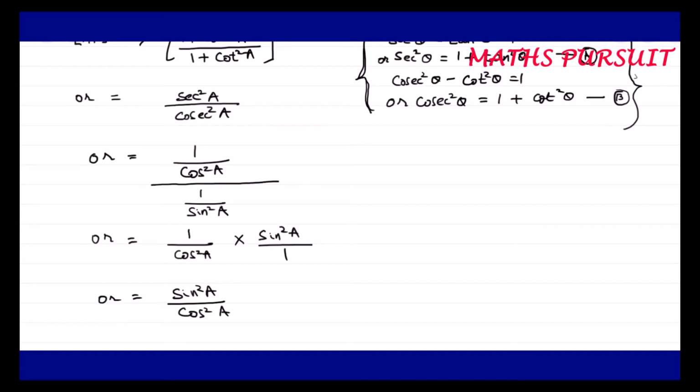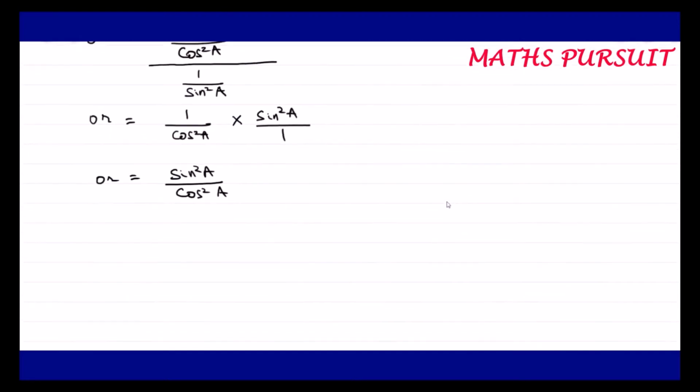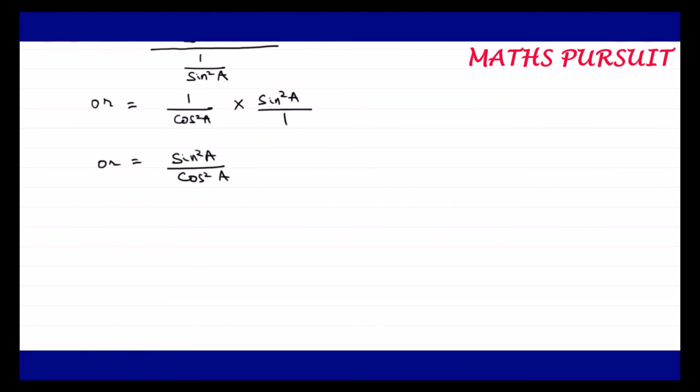Hope, guys, till here we are pretty clear. Guys, we very well know that tan theta is nothing but sin theta by cos theta. So sin square a by cos square a, then what does it become? It becomes tan square a. So this is what we got. Let us name this one as equation number 1.